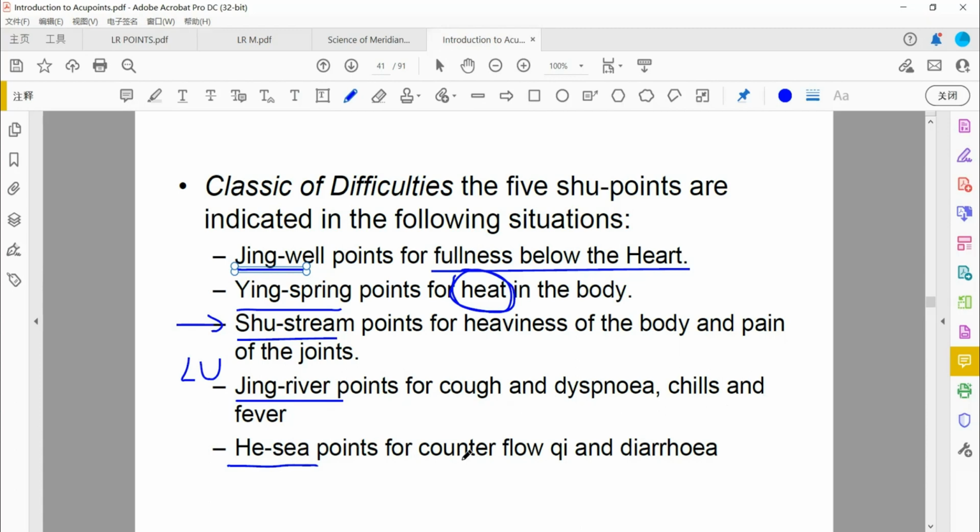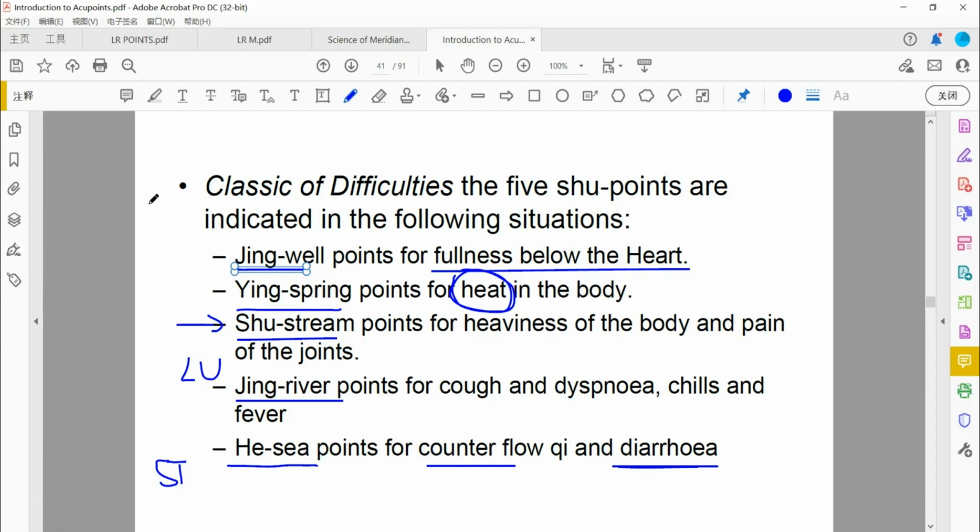He-Sea points are good for counterflow qi and diarrhea. So probably the stomach meridian is better for this one. If there's stomach qi counterflow, there will be vomiting, hiccups. Diarrhea is still the digestive system.